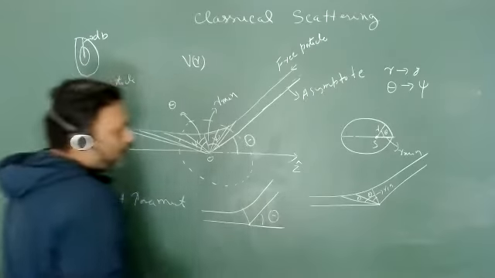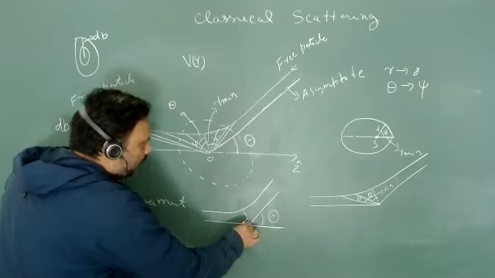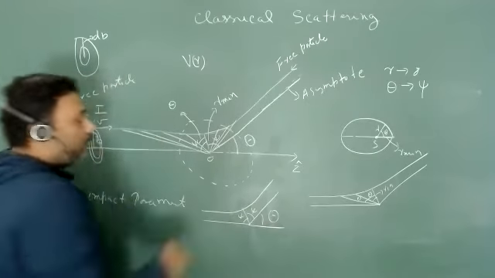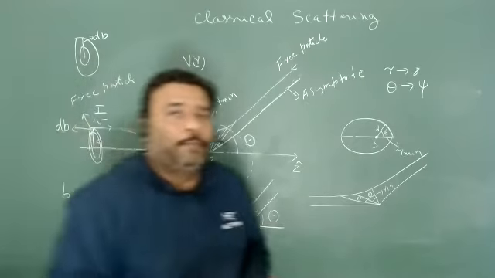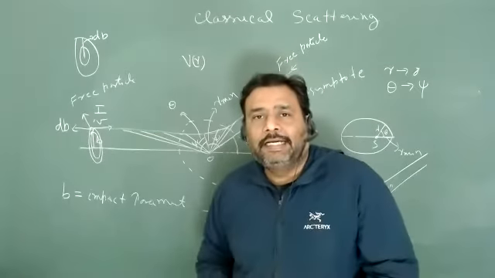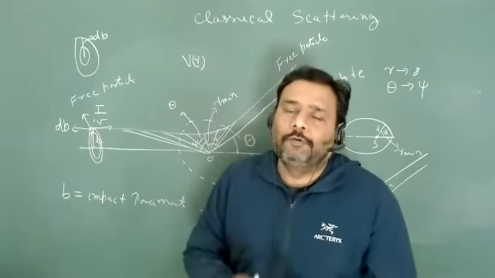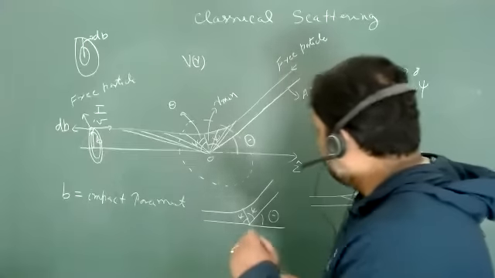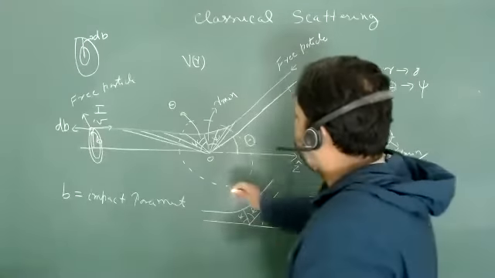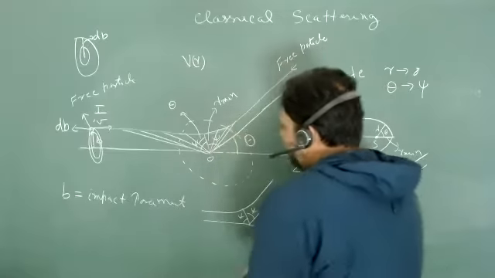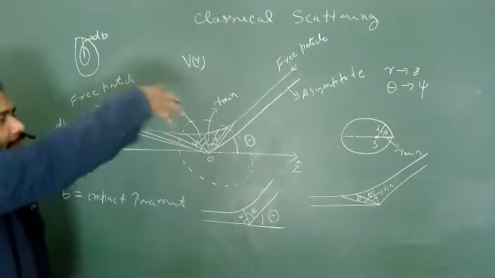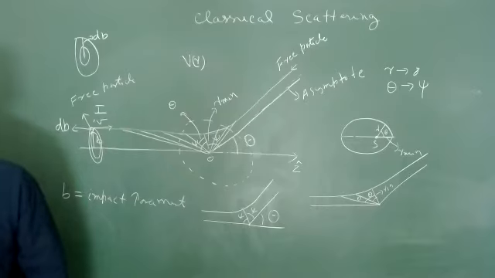I am writing it with the capital theta, and this angle is psi, which is identified as the periapsis argument. Now look at what we are going to do here. Let me make it clear, and then we will see what your differential scattering cross section will be and how we are going to calculate it.